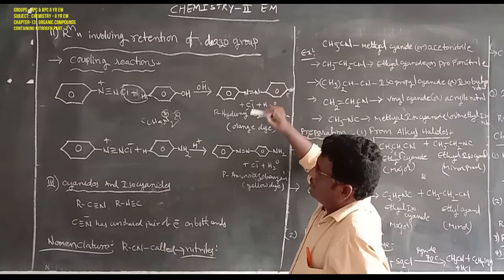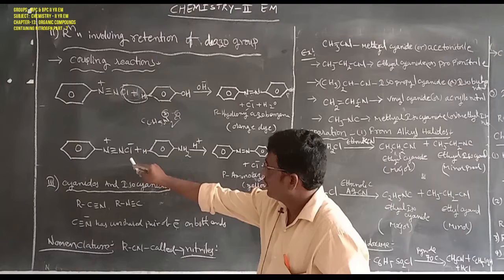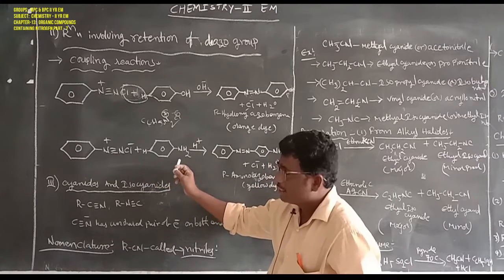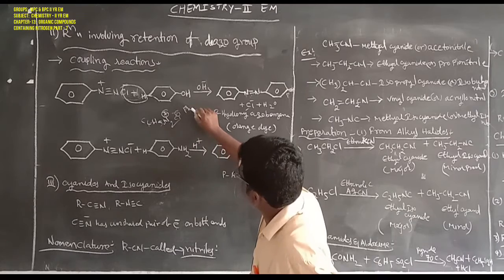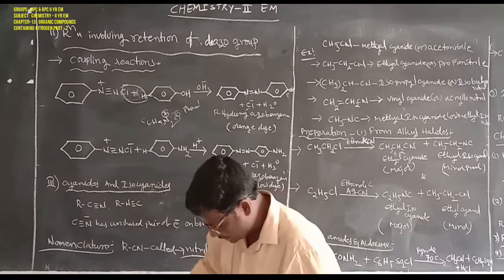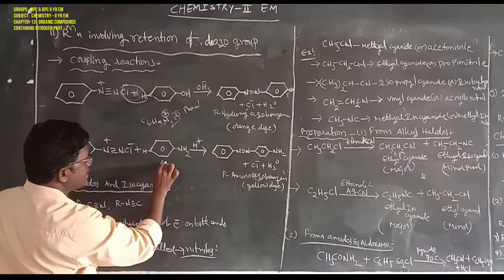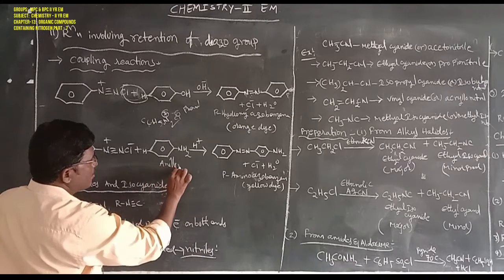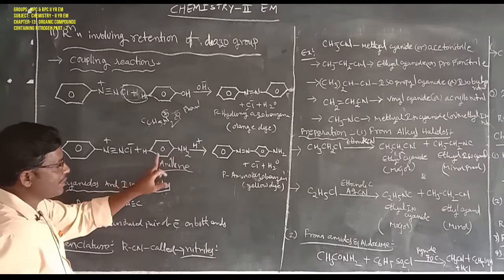The remaining reaction is benzene diazonium chloride treated with aniline. Aniline is benzene bonded with NH2, also known as an aromatic primary amine.